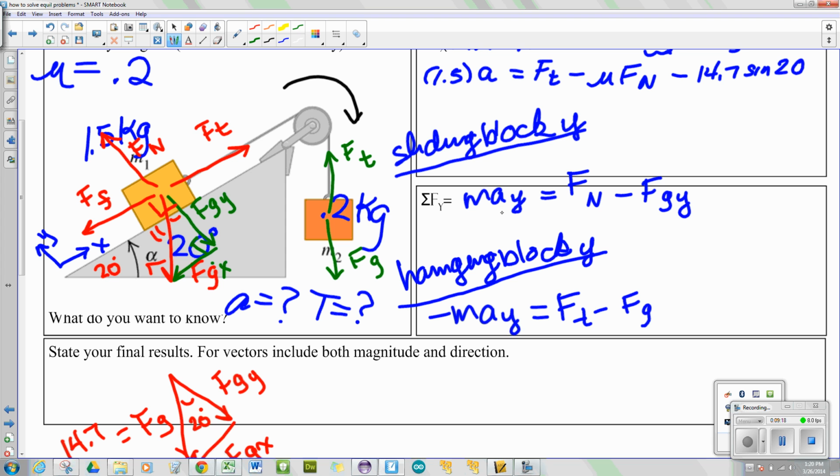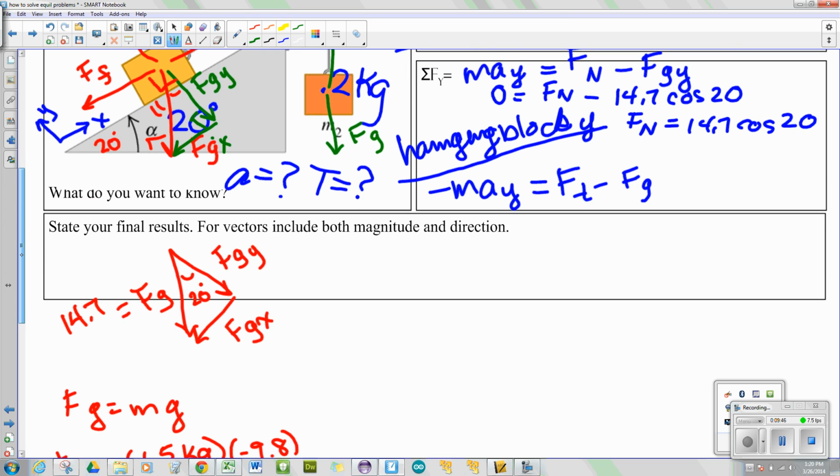So I know that this is 0, and I know that this is a true statement. So I'm just going to write this right here. Fn is equal to 14.7 cosine of 20, which I can put in the calculator and find a value for, which I will do in a moment.